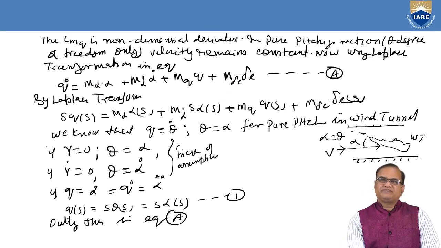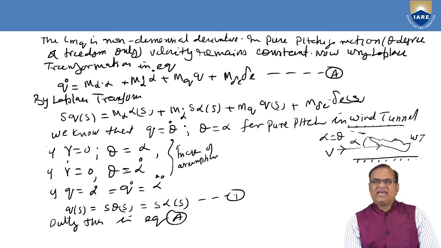So now s Q(s) is equal to m alpha into alpha(s) plus m alpha dot into s into alpha(s) plus m q into Q(s) plus m delta E into delta E(s). We know that here q is equal to theta dot.